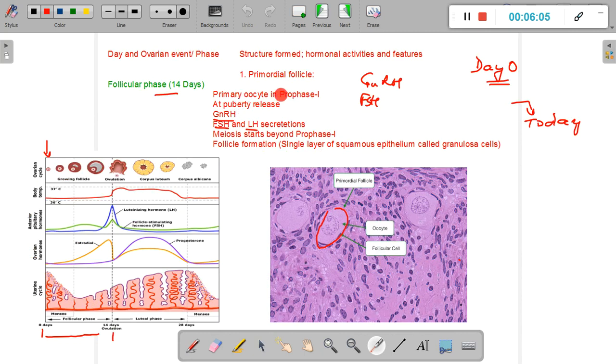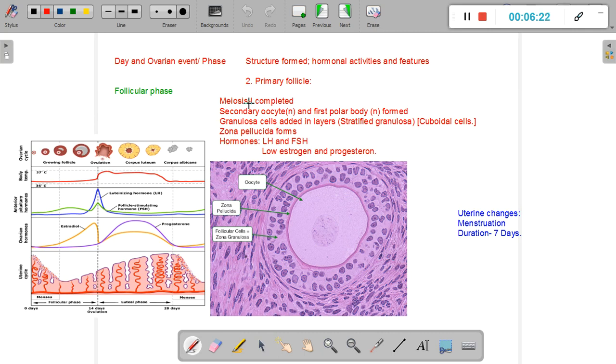The primary oocytes which are frozen in prophase 1 now move through prophase 1 up till metaphase, anaphase, telophase 1, and meiosis 1 is completed. So meiosis 1 is accomplished, and at this stage, what do we have? We have a primary follicle. We had a primordial follicle, but now we have a primary follicle.